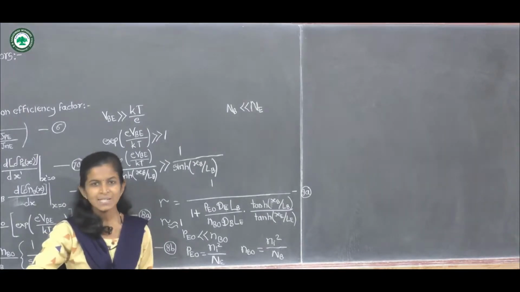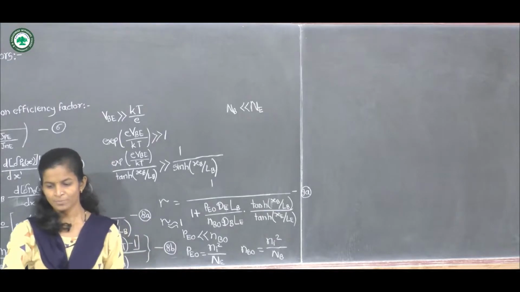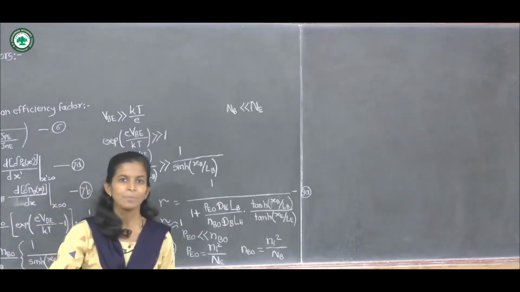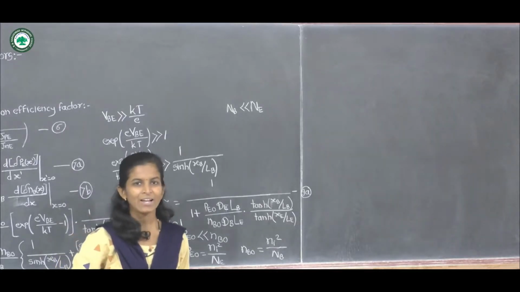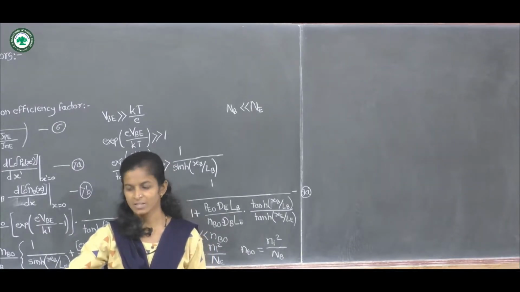This condition means that many more electrons from the N-type emitter than holes from the P-type base will be injected across the base emitter space charge region.